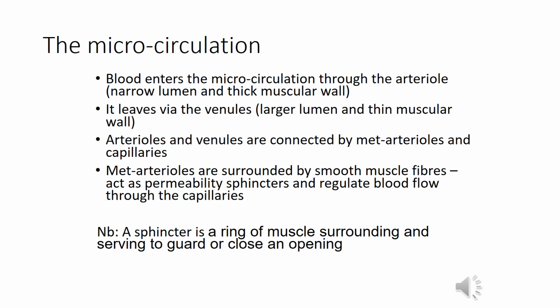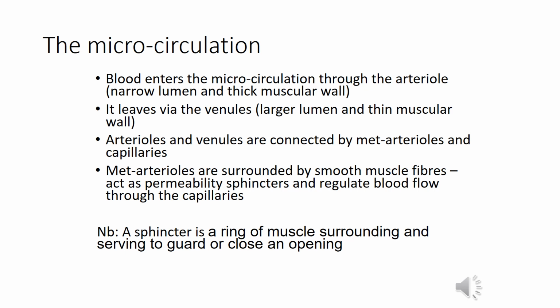Now, these metarterioles are usually surrounded by smooth muscle fibers. Smooth muscle fibers have a particular characteristic, that is the ability to constrict and to relax. When they constrict, they cause the lumen to narrow, and when they relax, they cause the lumen to expand or broaden.